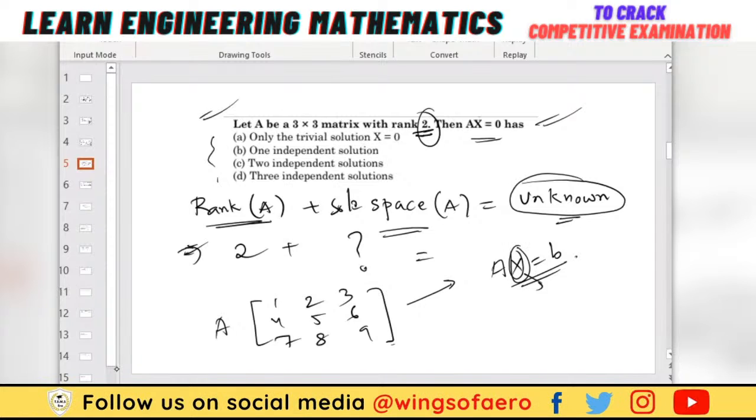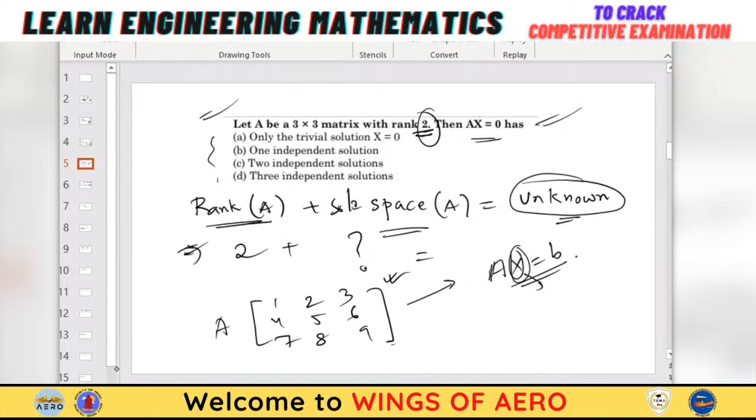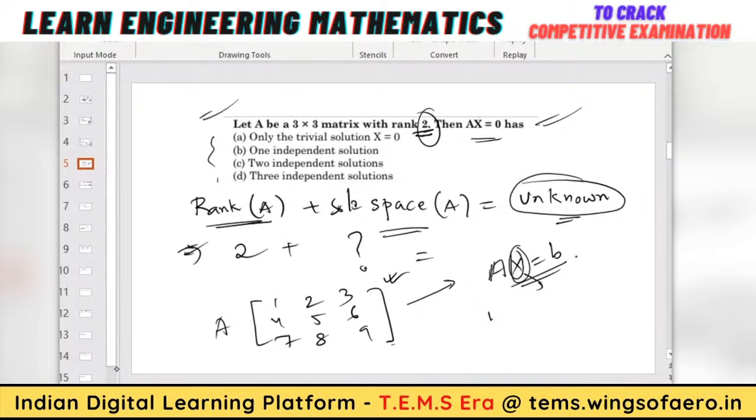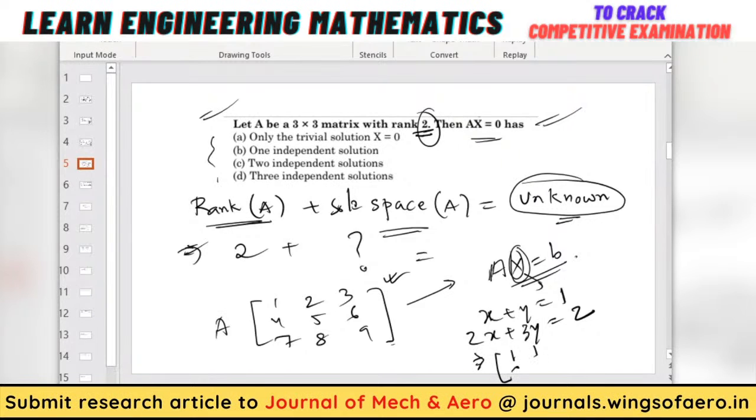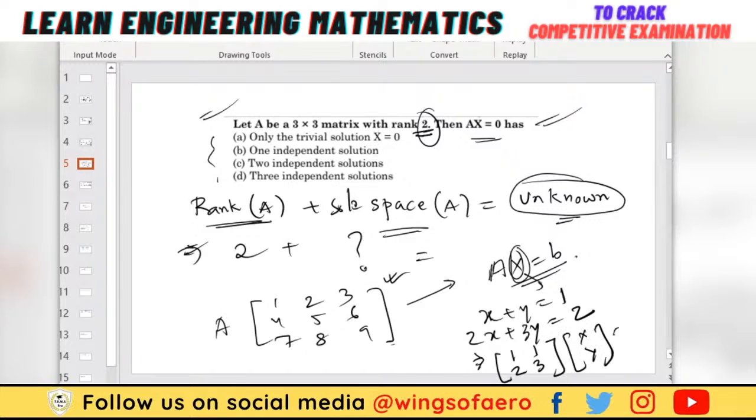How many unknowns can be obtained from this matrix? Suppose x + y = 1, 2x + 3y = 2. We can easily write this in matrix form: [1 1; 2 3] [x y] = [1 2].